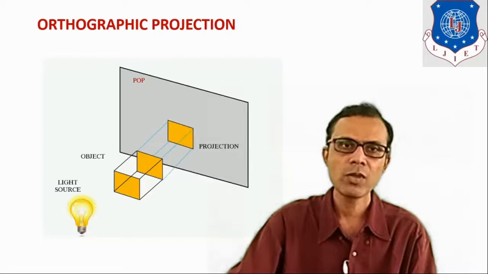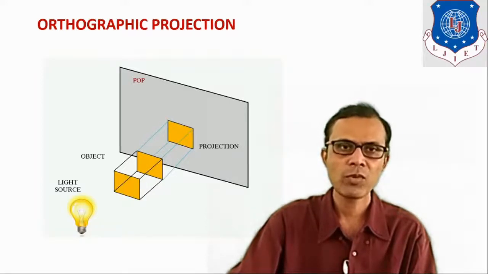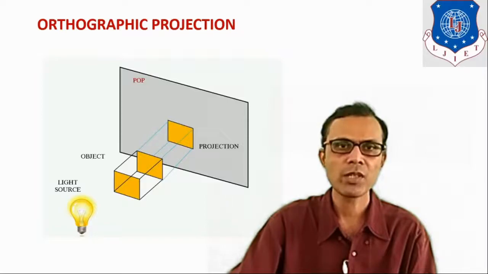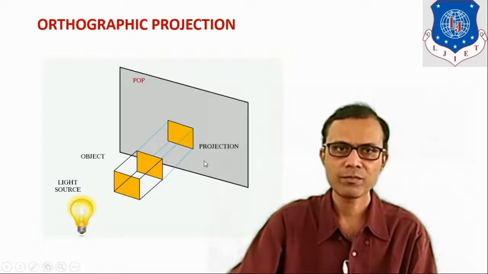Now why is it known as orthographic projection? Ortho is actually a Latin word and it means right angle. So orthographic projection means right angle projection. Here you can see that all the rays or the projectors are parallel to each other, but they are perpendicular to the plane of projection.